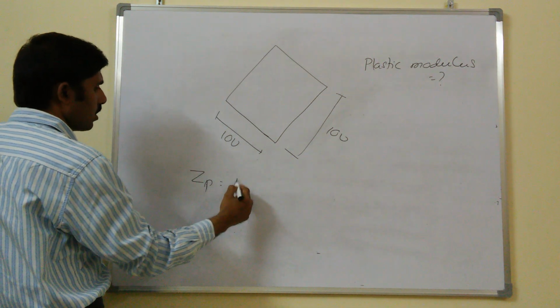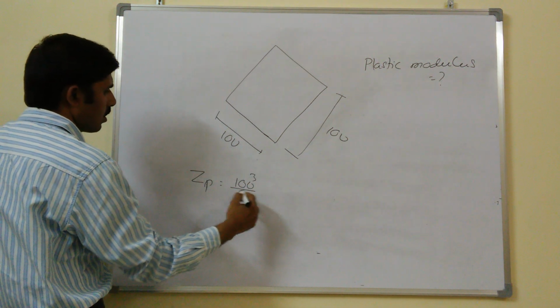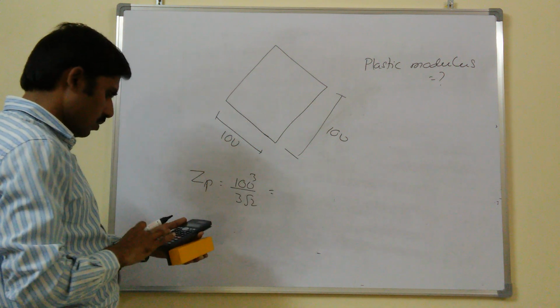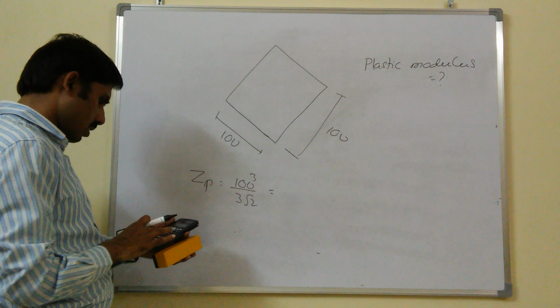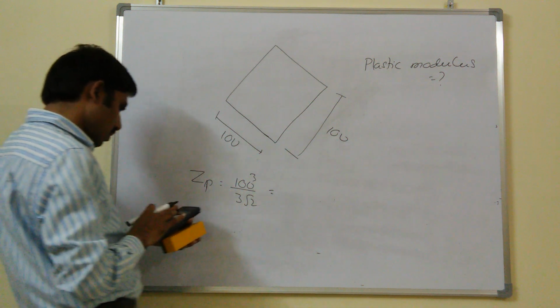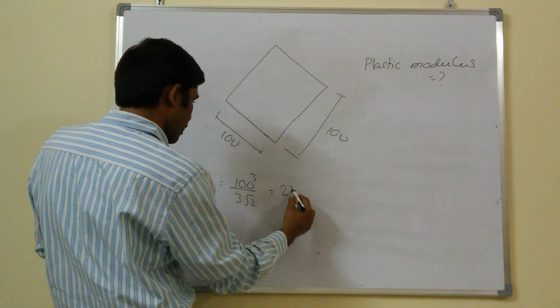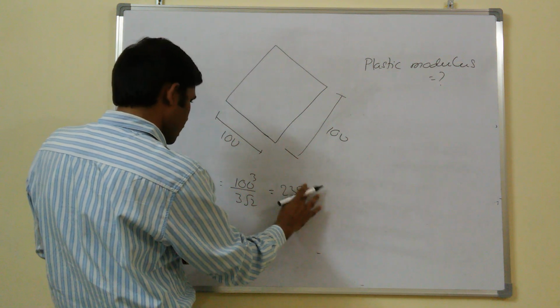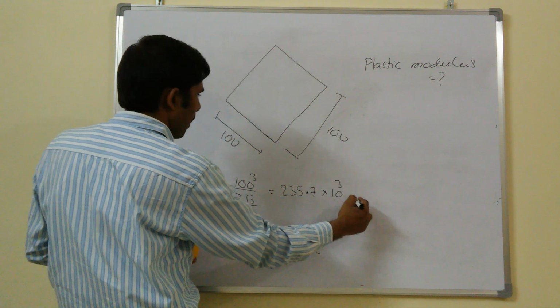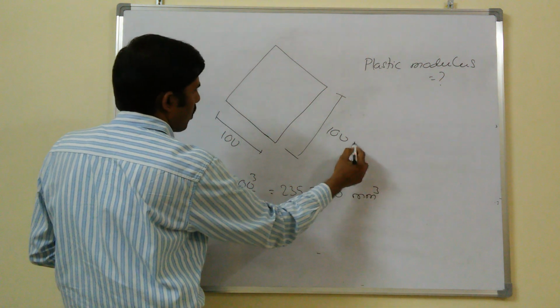A cube by 3 root 2, that is 100 cube by 3 root 2, that equals 235.7 into 10 cube mm cube.